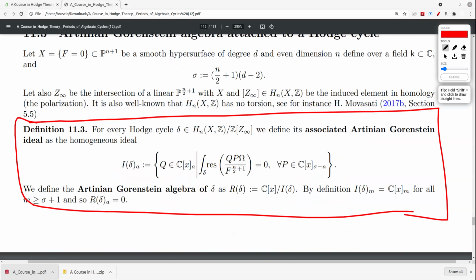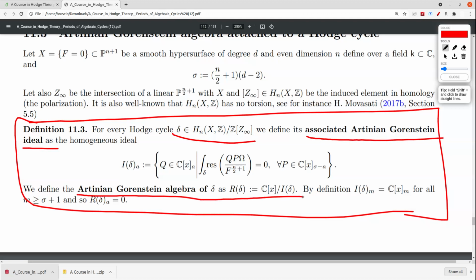So remember from our previous video that attached to a Hodge cycle, we can always construct an Artinian-Gorenstein ideal and Artinian-Gorenstein algebra. And so this is I delta that we have to consider.